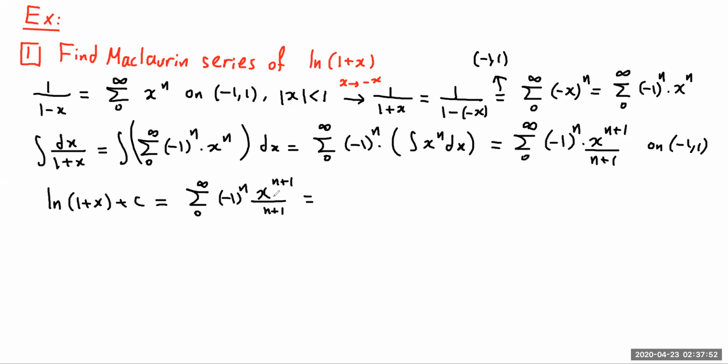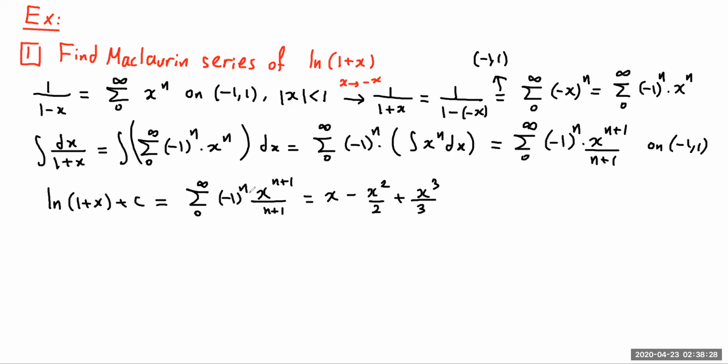Okay, we can write this also. If I give n 0, I will have 1 times x. So let's write x. If I give n 1, I will have minus x power 2 over 2, plus x power 3 over 3.